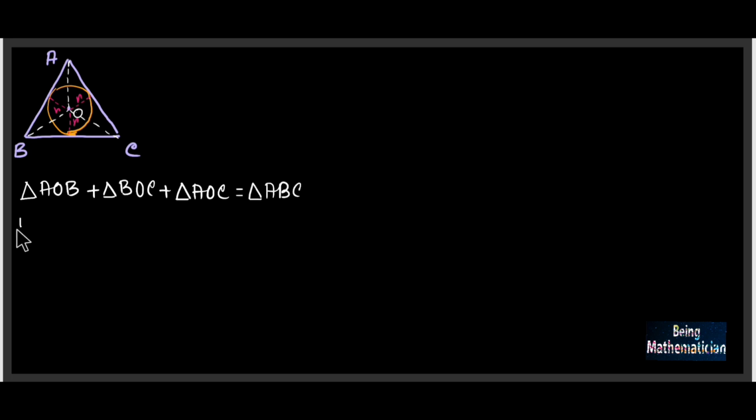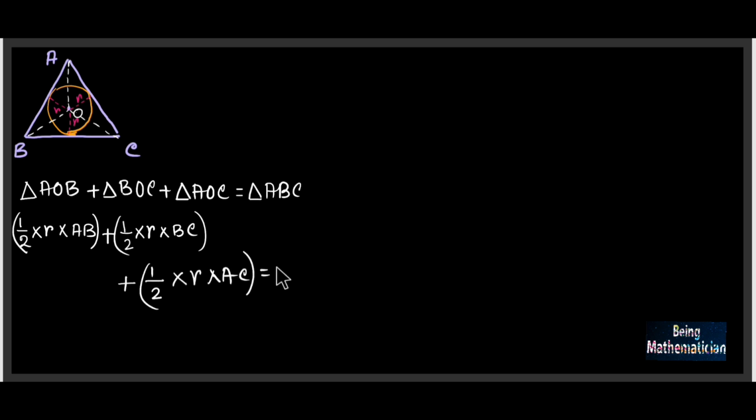So triangle AOB is clearly half into R into AB, and triangle BOC is similarly half into R into BC, and triangle AOC is half into R into AC, and this is triangle ABC. So half into R is common, so we take half into R and we get AB plus BC plus AC is equal to the area of the triangle ABC.